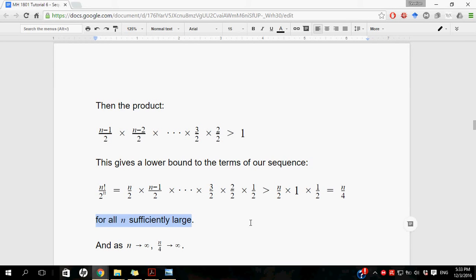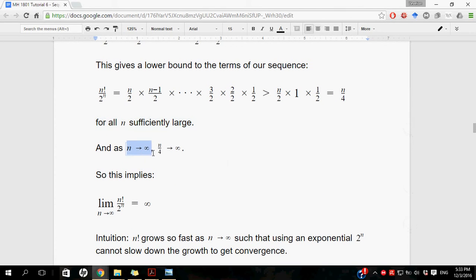And we see that when we take n towards infinity, it certainly is true that n divided by 4 also goes to infinity. Therefore, because all the terms here, the terms of our sequence and the lower bounds, are all positive numbers, this would imply that as we go towards infinity, this lower bound will push the terms of the sequence that we want towards infinity as well.